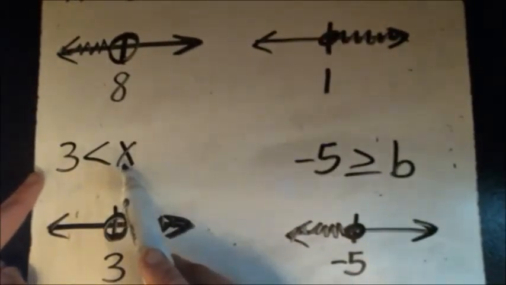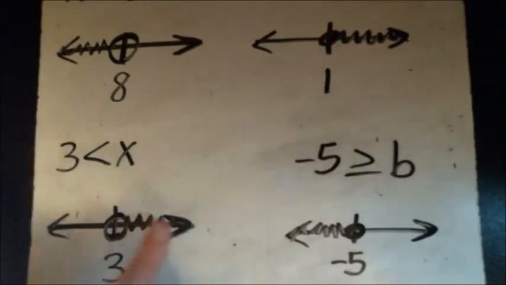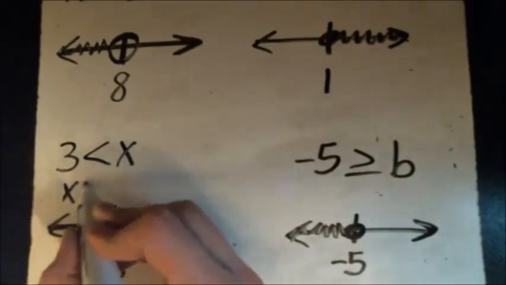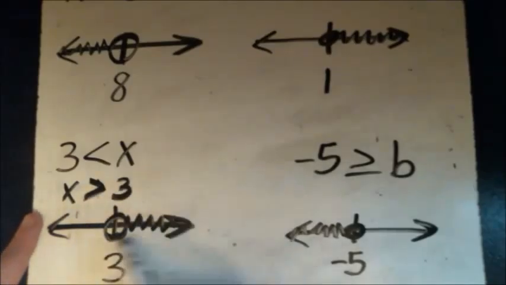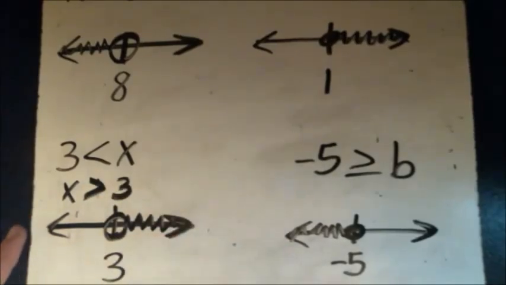Now, as we go back down to these two, you'll notice that the variable is not on the left. So in order to do that, you have to flip the equation around. So I could turn this into x is greater than 3. Well, I flipped around my numbers, but when I do that, I also have to flip around my sign. So now my arrow points towards the right, and I shaded towards the right.